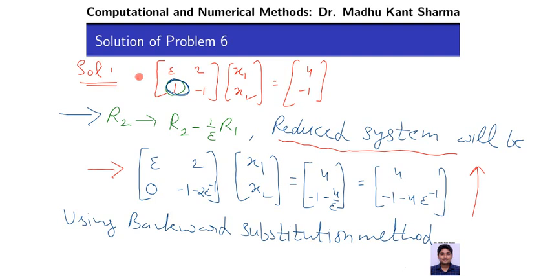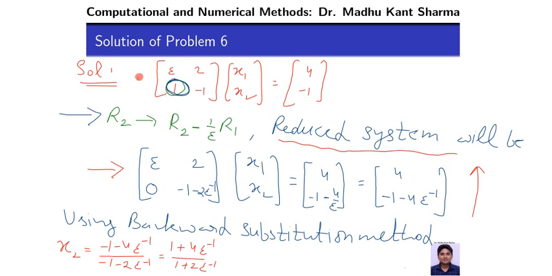That will give you the x2 value equal to minus 1 minus 4 epsilon inverse divided by minus 1 minus 2 epsilon inverse, that is equal to 1 plus 4 epsilon inverse divided by 1 plus 2 epsilon inverse. As it is given that epsilon is greater than 0 however very small, epsilon inverse is a very huge number.